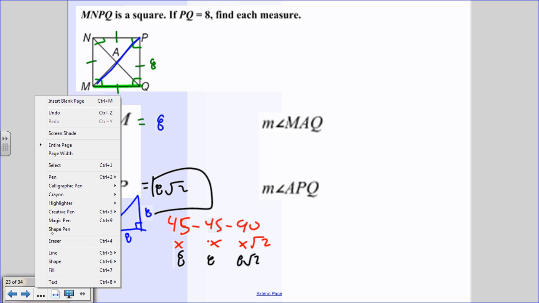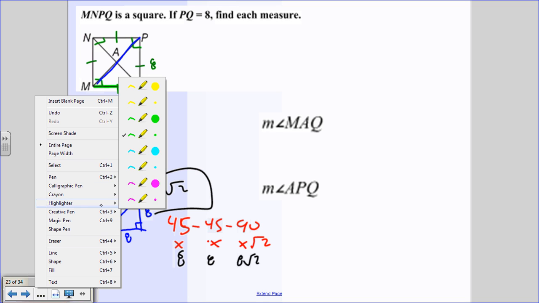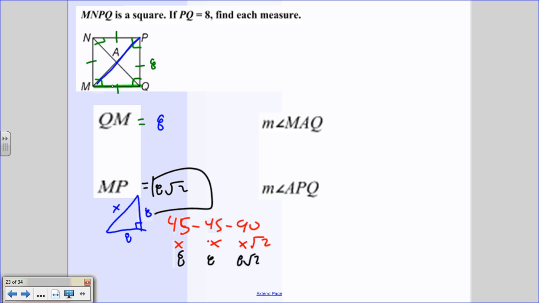MAQ is where we're headed next. So when I trace it, it's essentially this corner right here.